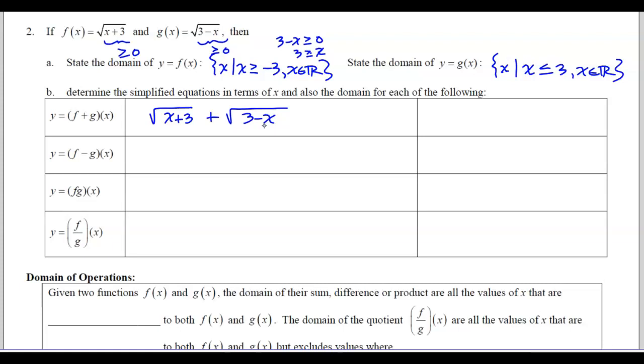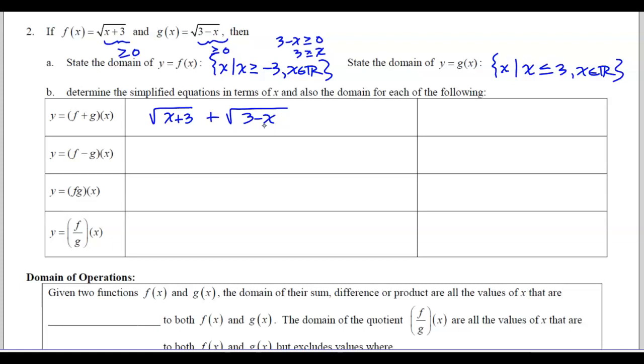How about if I said find f plus g of 4? So put 4 in here. I would get root of 7. That's good. But if I put 4 in here, I'd get root of -1. That's not good. So 4 is greater than or equal to -3, but it's not less than or equal to 3. So whatever number you choose has to satisfy both of these.